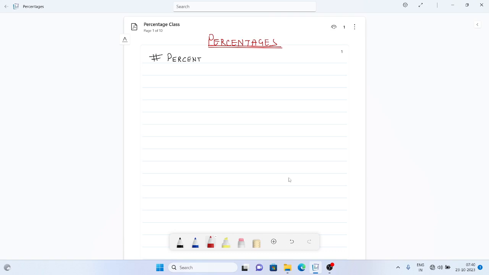Okay, so what is the basic definition of percent, or in layman's terms, percent means per 100, or a number out of 100. The meaning of percentage is hidden in the word percent.